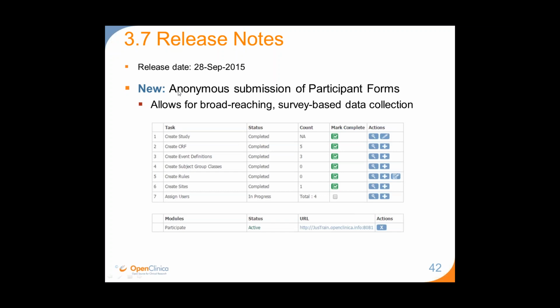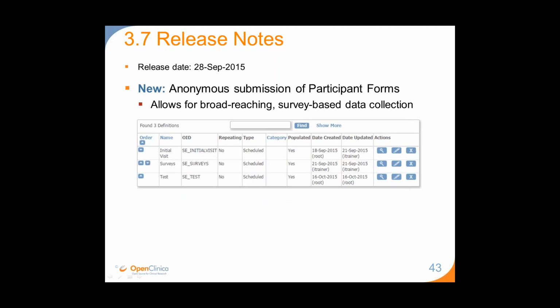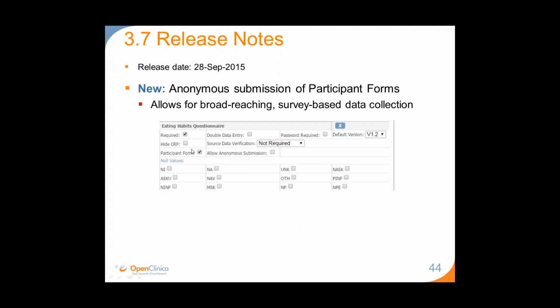So to allow for anonymous submission in your Create Event Definitions, you would click on View. You would edit any of the event definitions that you want anonymous submission data collected. And it applies to Participate, so it would have to be a participant form.